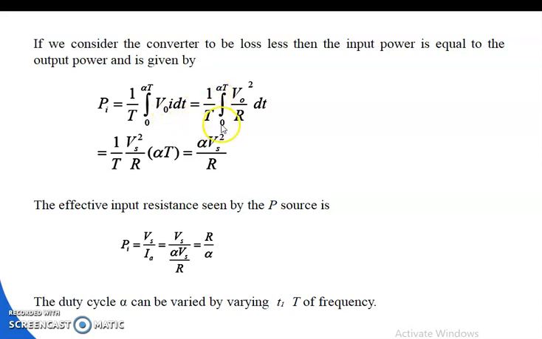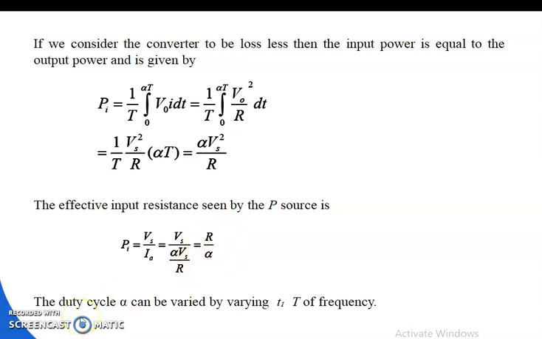So 1 by T integration 0 to alpha T, in place of I just put V0 square by R, because I is equal to V0 by R. That is equal to 1 by T Vs square by R times alpha T, and T cancels out, giving alpha Vs square by R. The effective input resistance seen by the source is Ri equal to Vs by IA, equal to Vs by alpha Vs by R, that is equal to R by alpha.